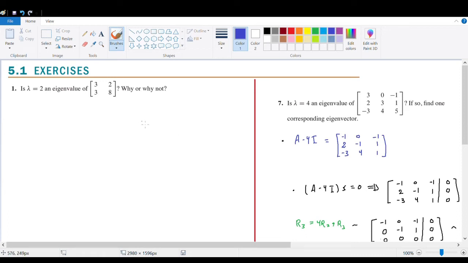So in exercise number 1, section 5.1, is lambda equal to 2 an eigenvalue of the matrix [3, 3; 2, 8], yes or no?